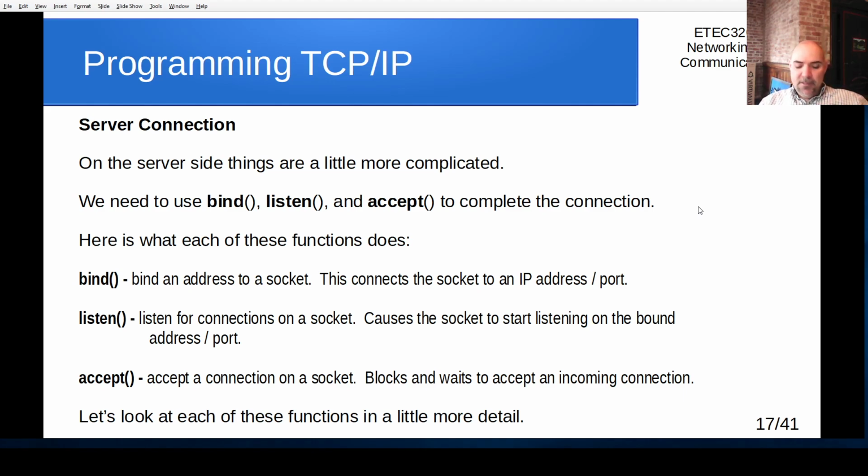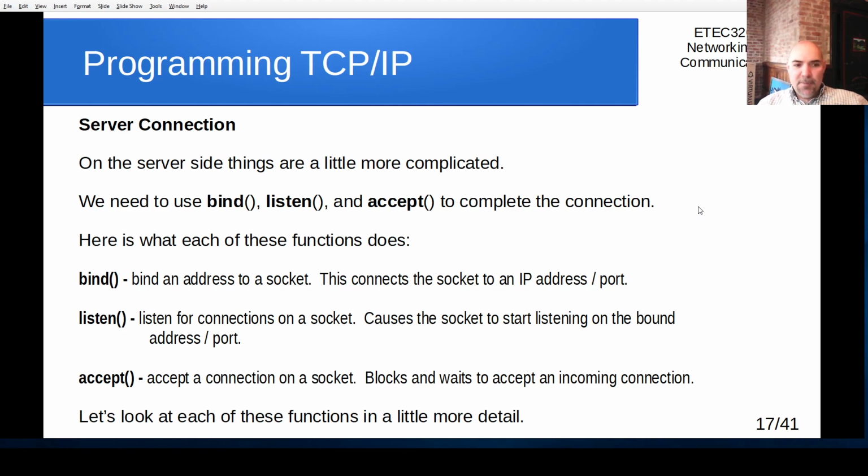After we've bound, and that has proven successful, the next thing we want to do is call listen. What listen does is exactly what it says. It causes that socket to start listening on that bound address and port for an incoming connection. So listen is our way of saying, now wait for that phone call to come in.